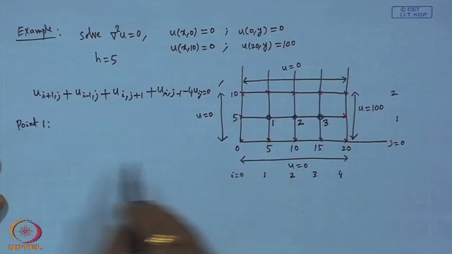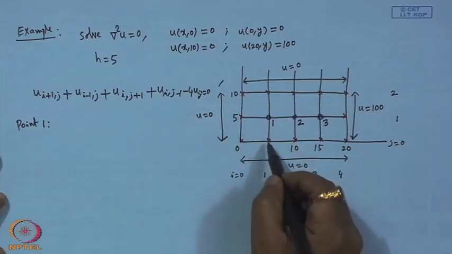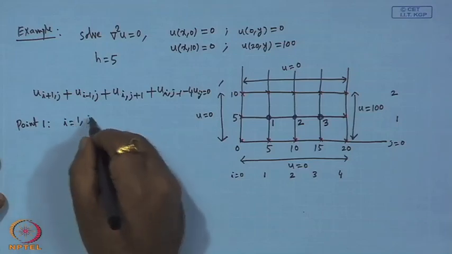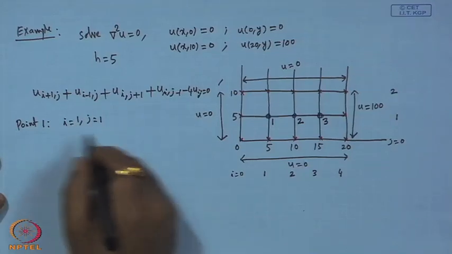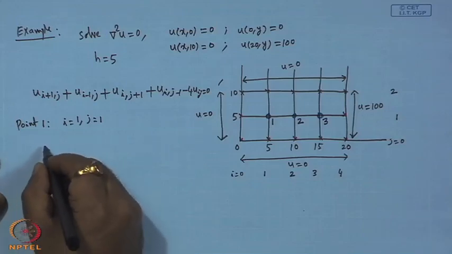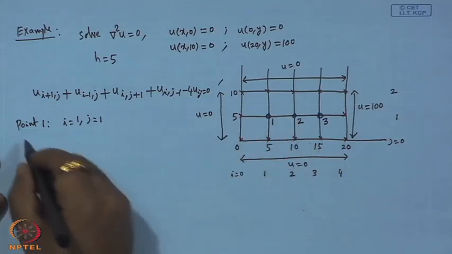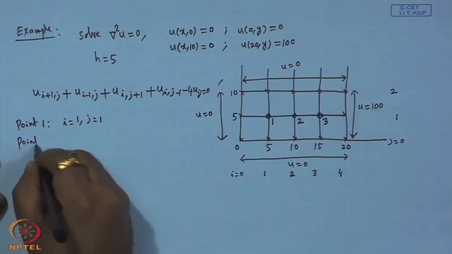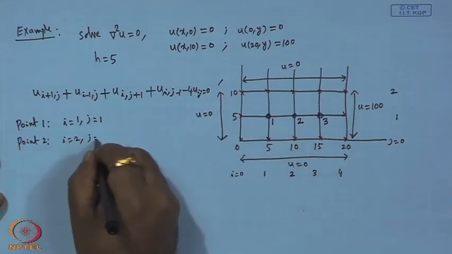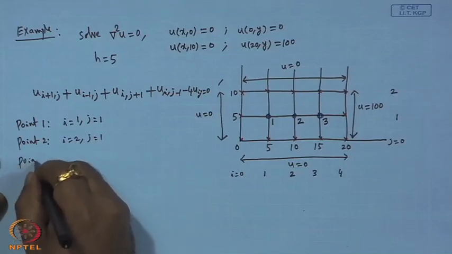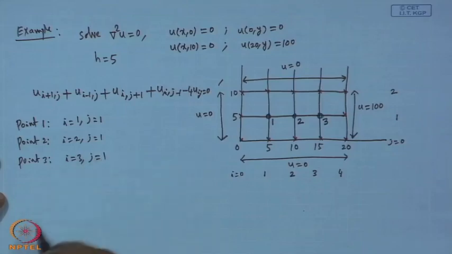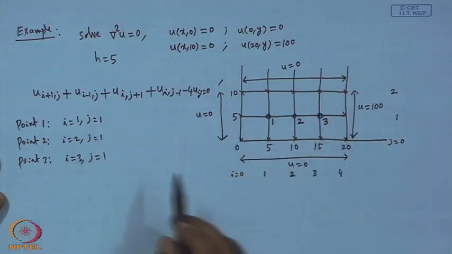Okay. So, point 1 corresponds to i 1, j 1, right. Point 2 corresponds to, so all of them correspond to j equals 1.